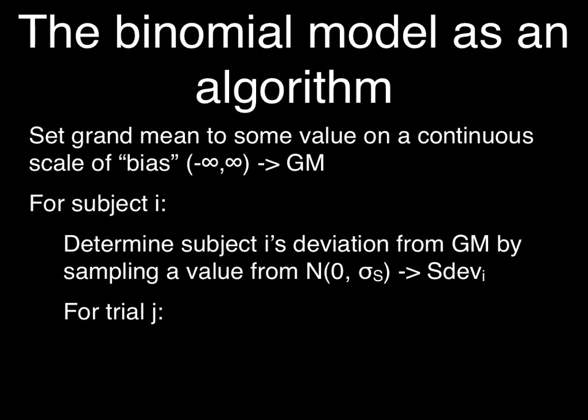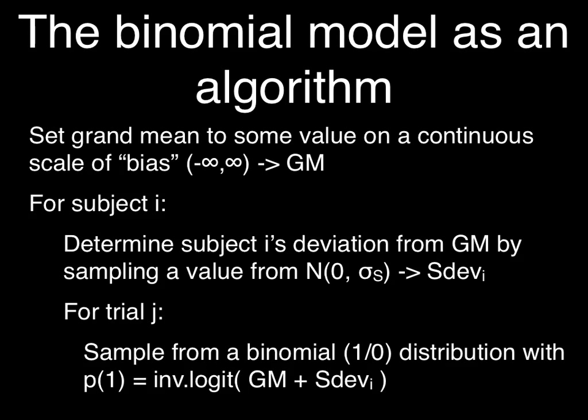And then for every trial, we sample from a binomial distribution with the probability of there being a 1 or a 0. So probability of 1 is what's inside here, which is the grand mean plus the subject deviation from the grand mean. And then this inverse logit implies that this continuous scale of bias is the logit scale, log odds.